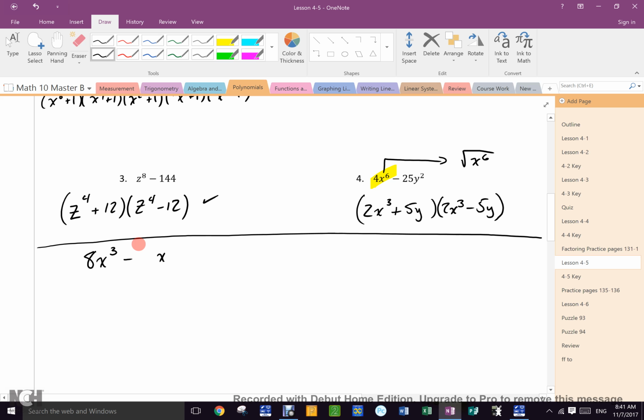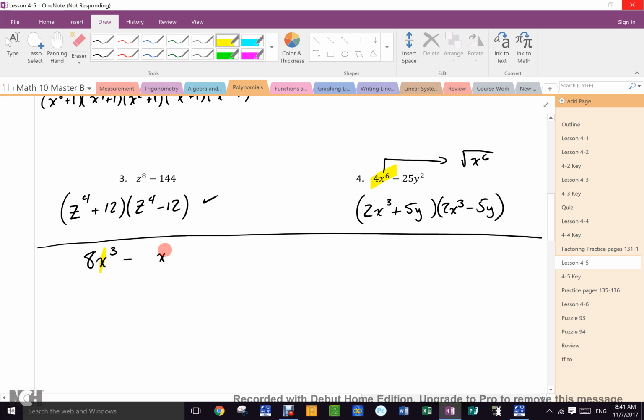Just an x, no 4. Does that, as it is now, look like a difference of squares? Is it a binomial? Yes. Is it a subtraction binomial? Yes. So we're halfway there, correct? But it doesn't look like it, does it? So what could I do there? What do you notice here and here? Same variable, so what can I do?